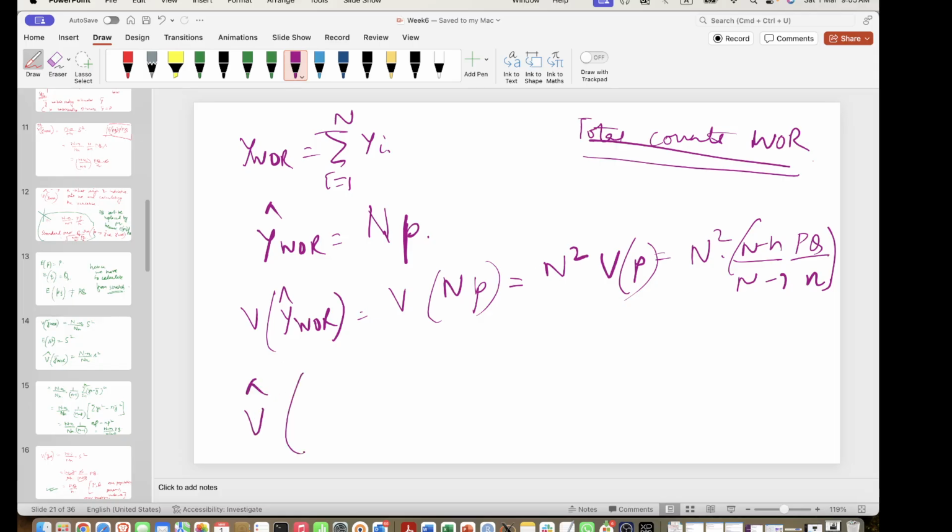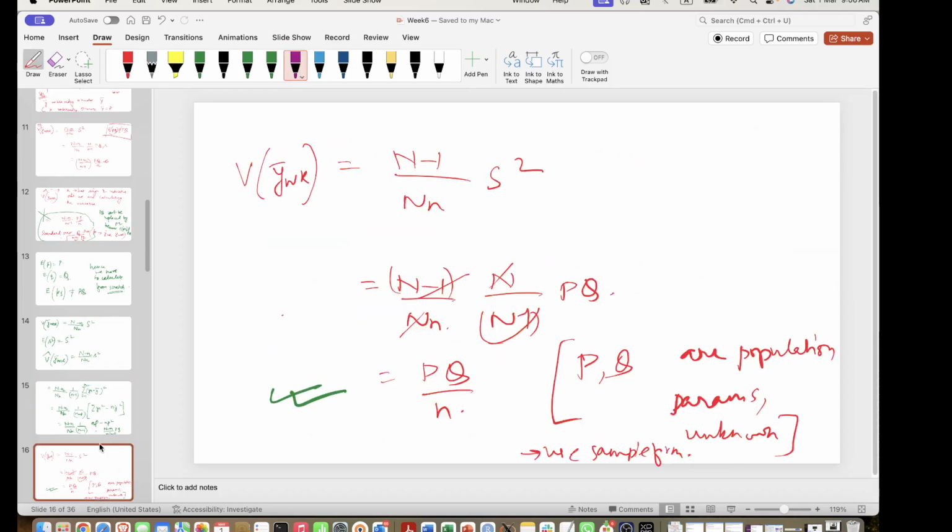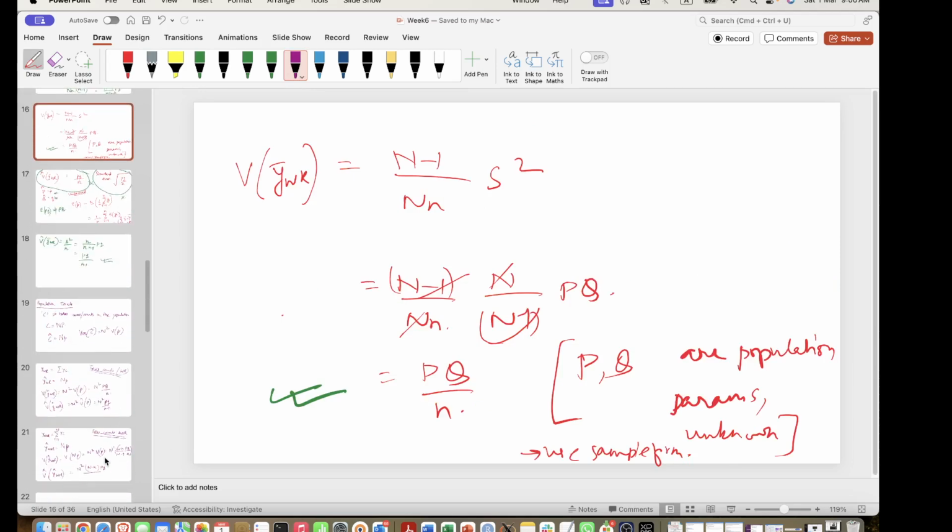And V hat of Y hat WOR is actually N square into N minus n PQ by capital N into small n minus 1.